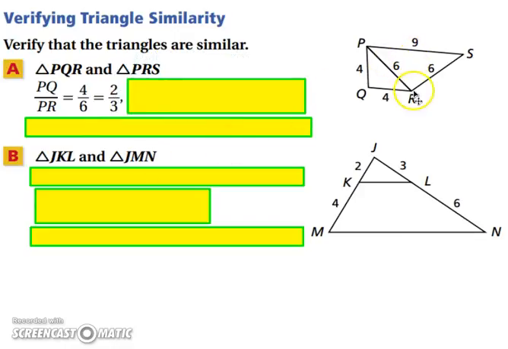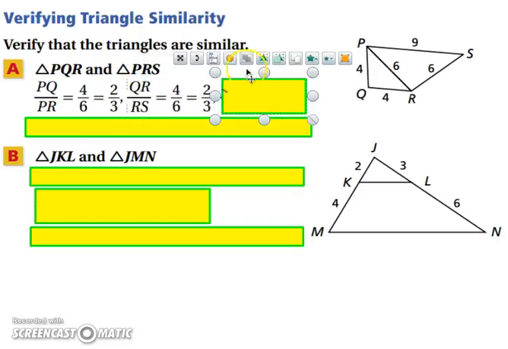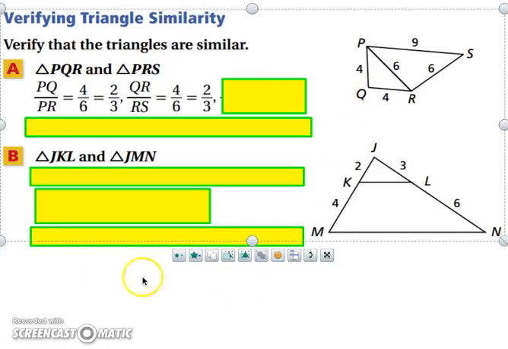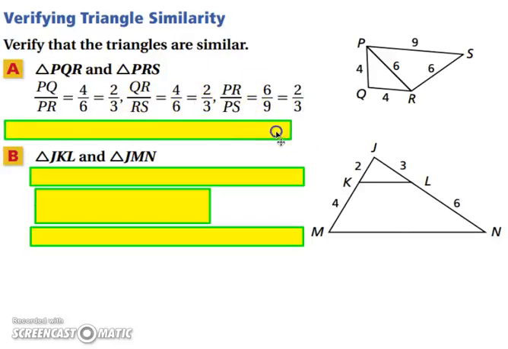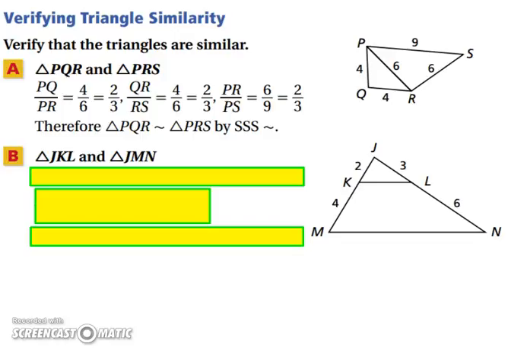And then we can do QR over RS, which is 4/6, which also gives us 2/3. And we can do PR over PS, which would be 6/9, which is 2/3 as well. Therefore, we have three proportional sides, so the triangles are in fact similar by side-side-side similarity.